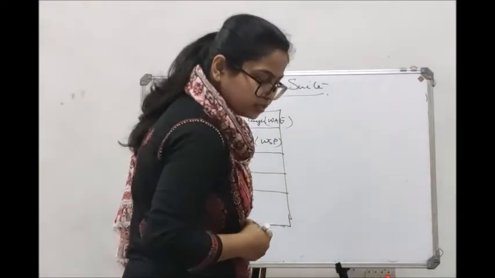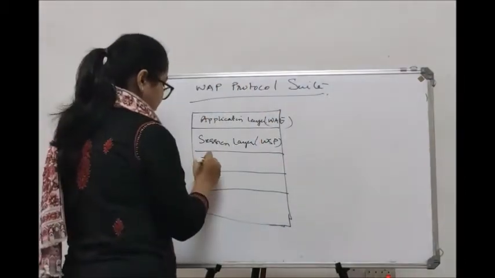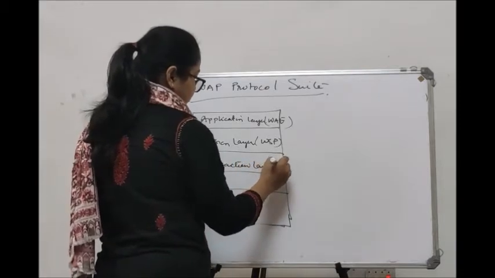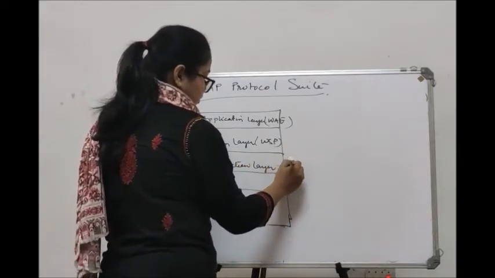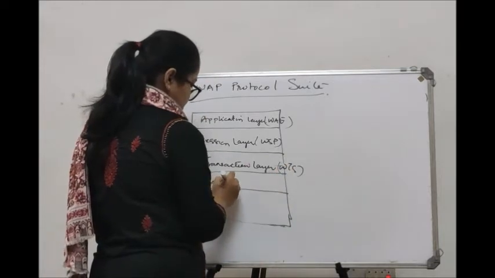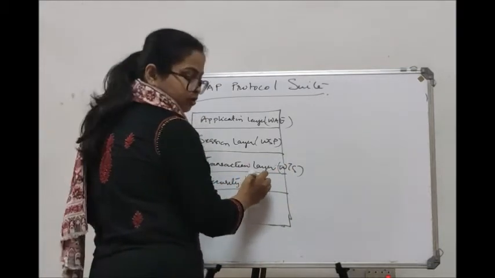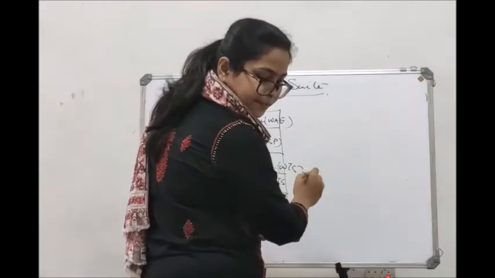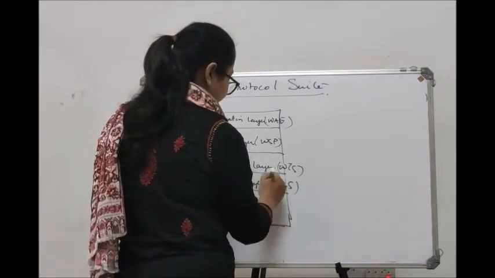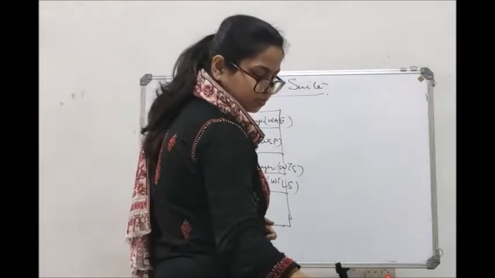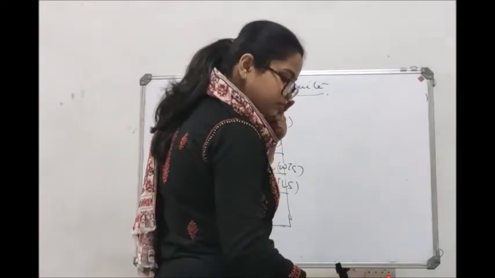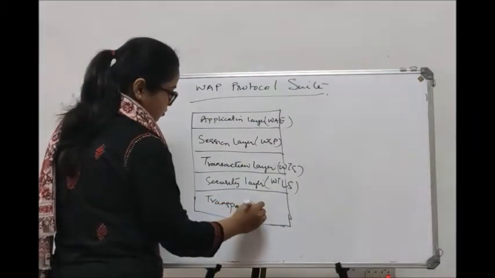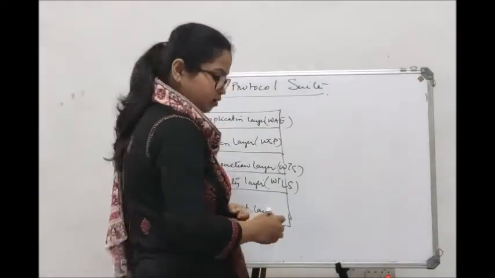Then comes the transaction layer, WTP. Then the security layer, WTLS. Finally comes the transport layer, WDP.